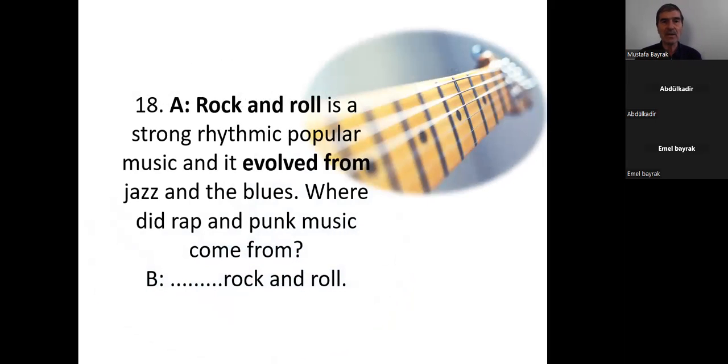18A. Rock and roll is a strong rhythmic, active, dynamic popular music, and it evolved, became better and better. It evolved from jazz and the blues. Where did rap and punk music come from? Of course, they originated from rock and roll.